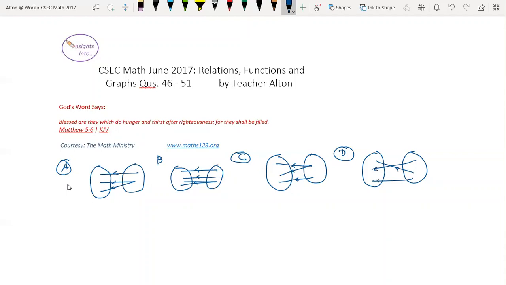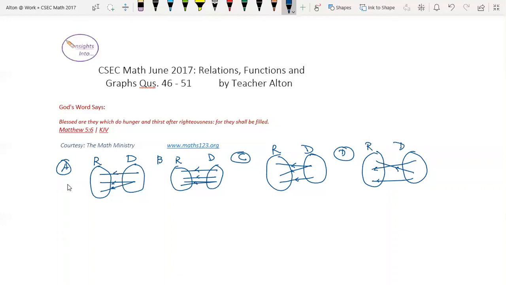Now, let's start off with what these two circles represent. Your domain and your range. The domain and the range will be determined by the direction of your arrows. Usually we'll write the domain first, followed by your range.